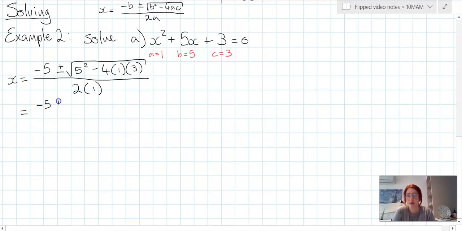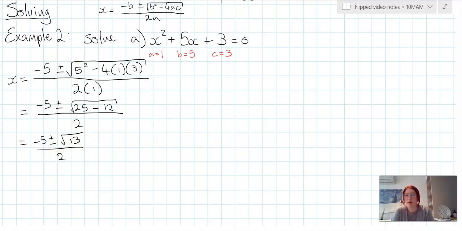So that's going to be negative 5 plus or minus the square root of 25 minus 12, divided by 2. So negative 5 plus or minus, 25 minus 12 gives us 13. We can see from here, discriminant is positive. So we should end up with 2 solutions.